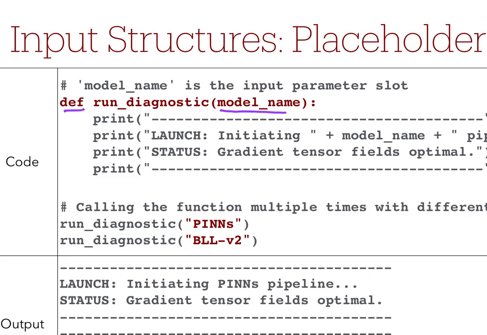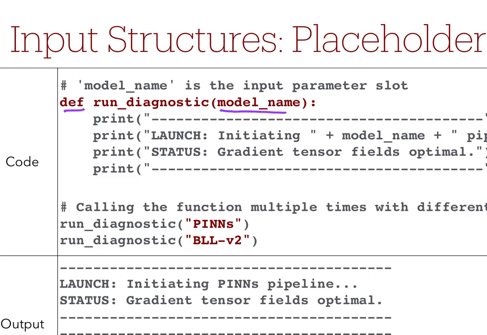I have only a single name, so that means I created a function with one parameter. So model name will be a placeholder for a certain value. I do not know whether it is an integer or a character string or whatever. It can be anything. It will be a certain variable.